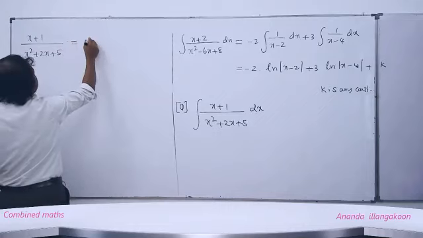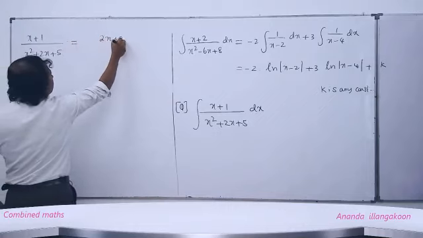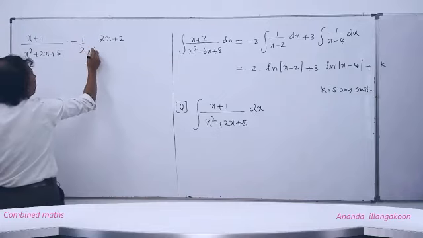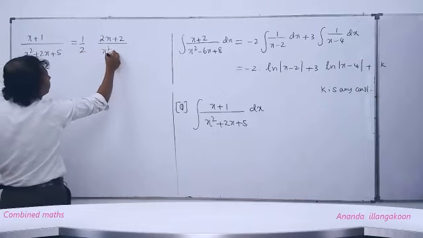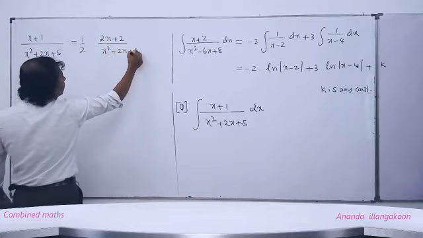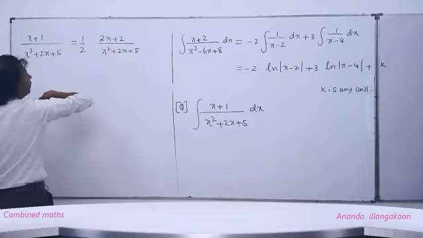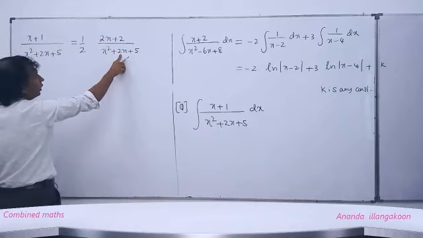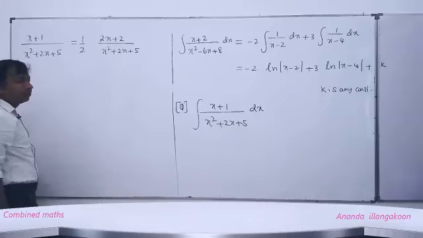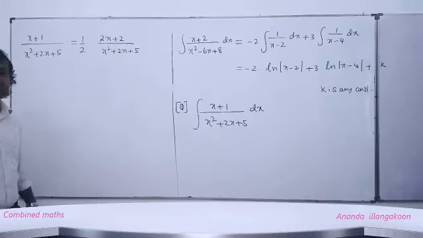I multiply this by 2, 2x plus 2, meantime I divide by 2. Then we get this. Then you can very clearly understand 2x plus 2 is the derivative of the denominator, and it is available at the numerator. Therefore, no more work is needed. Directly you can take the answer now.